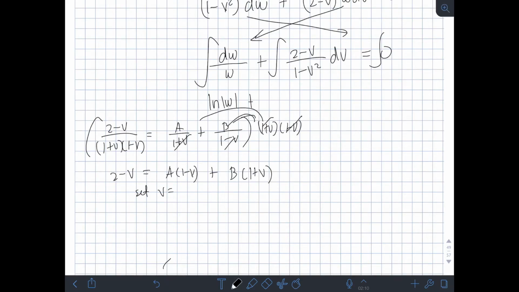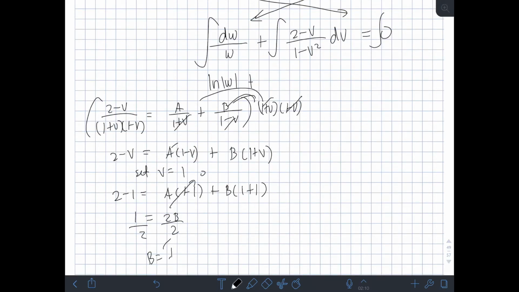Set V is equal to 1 para makancel natin si A. So, therefore, 2 minus 1 is equal to A times 1 minus 1 plus B times 1 plus 1. So, cancel na dito si A. Matitira is 2 minus 1 is 1 equals B times 1 plus 1 is 2B. So, we have divide both sides by 2. B is equal to 1 half.